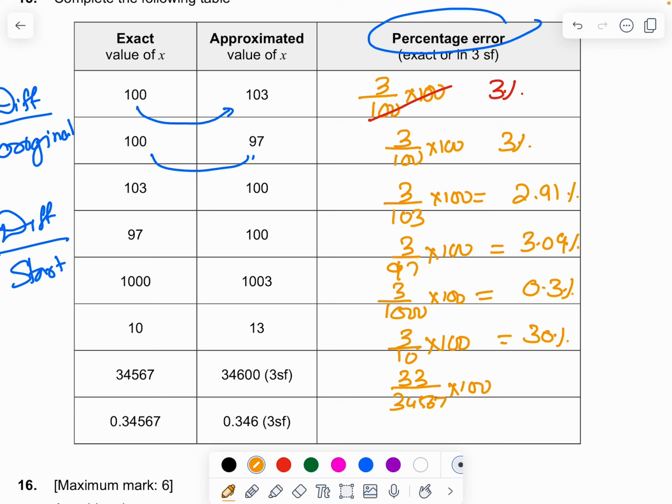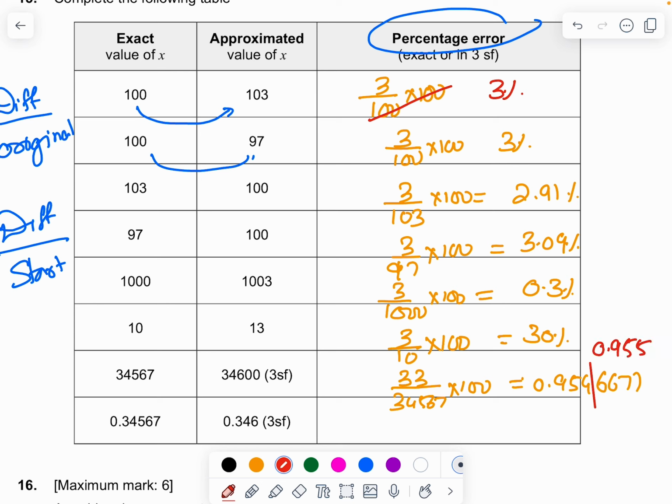When I do that, I will be getting 0.954667. So when I do it for three significant figures, it becomes 0.955.